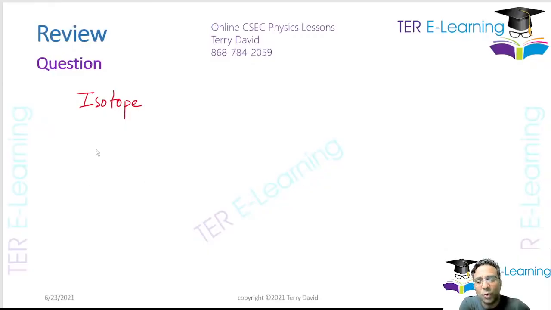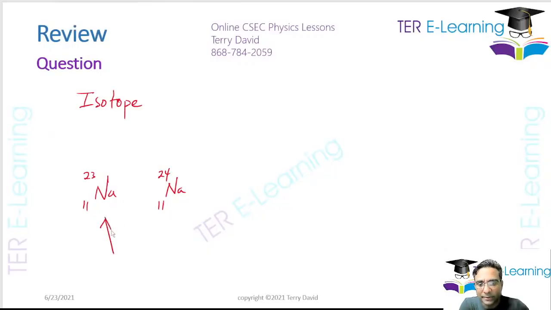Now if you want to represent an element, normally we have a symbol for the element. So let's say Na, that's sodium, 23 over 11, right? We can have something else that looks like this, sodium 24 over 11.